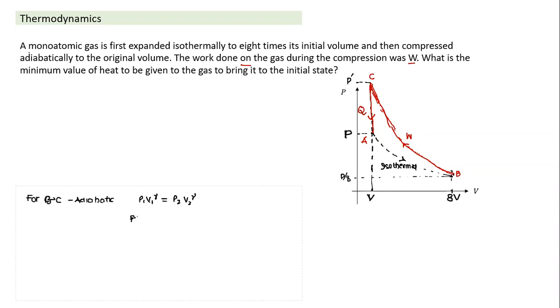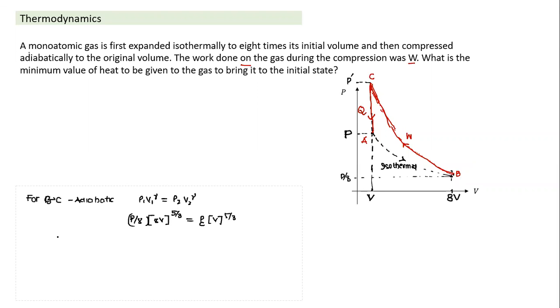So at this point B, this is corresponding to the B value. Pressure is P by 8. Volume is 8V. And what is the value of gamma here? It is a monatomic gas. For monatomic gas, gamma is 5 by 3. This will be equal to P at C, and volume at C is equal to V, raised to power 5 by 3.